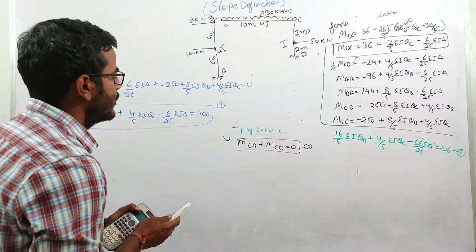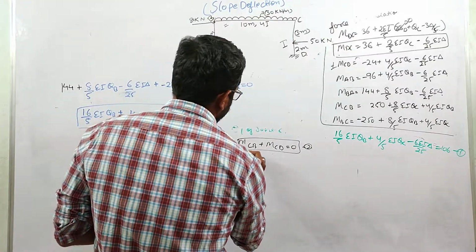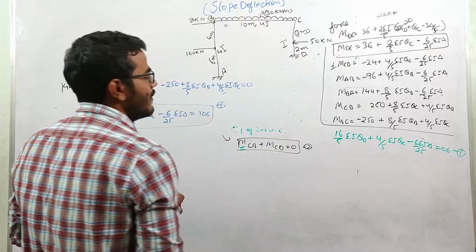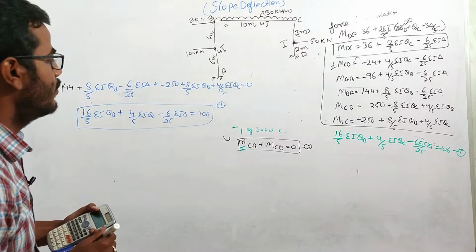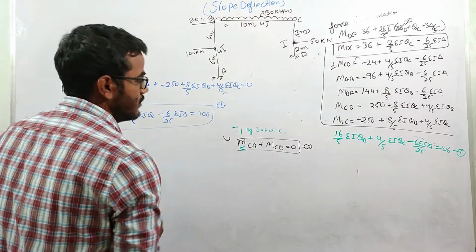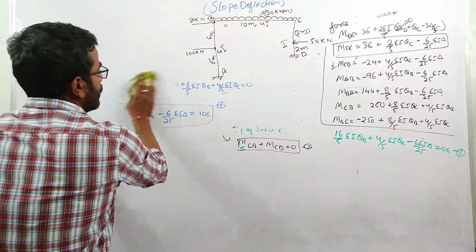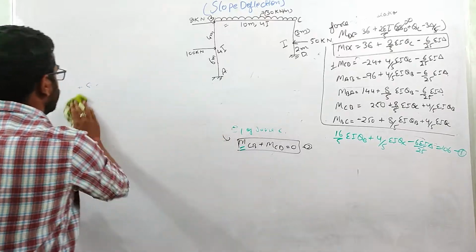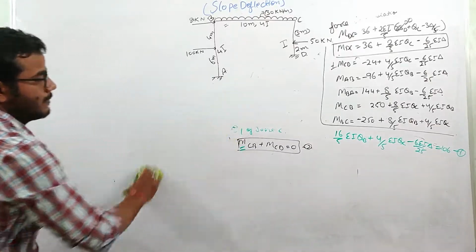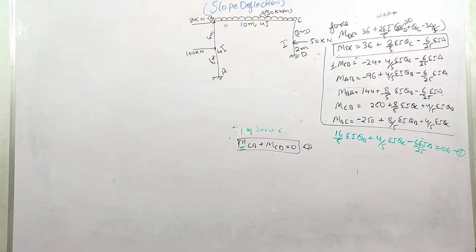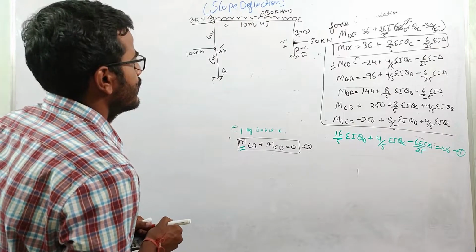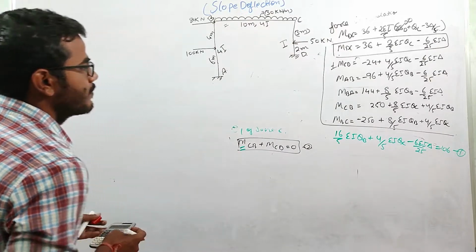Now for equation number 2, I can use MCB plus MCD equals to 0, which we have already discussed. So now let us put the value in this equation. What is the value of MCB?